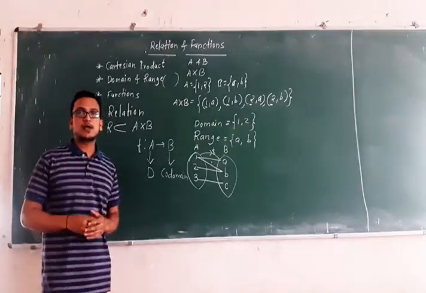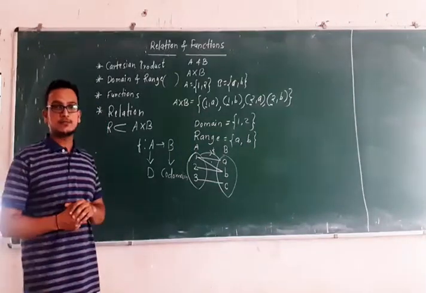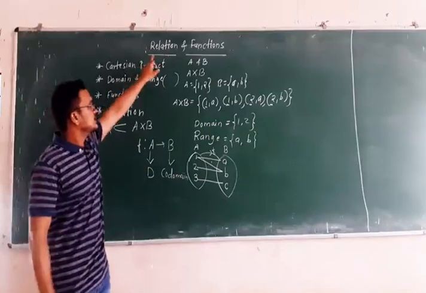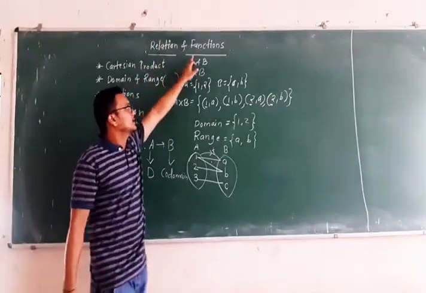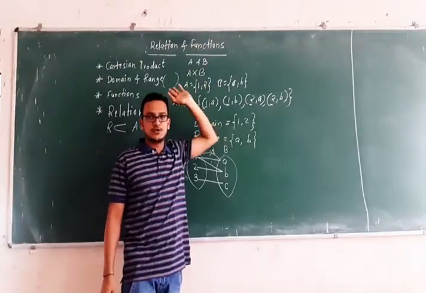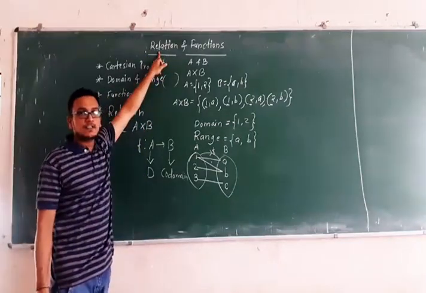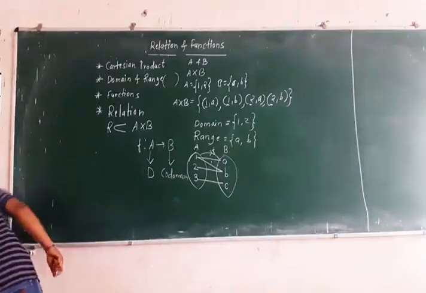Now we'll come to the part of second year. In the second year we are going to learn the types of relations and two standard types of functions. At the beginning I will go with the first part, that is relation.